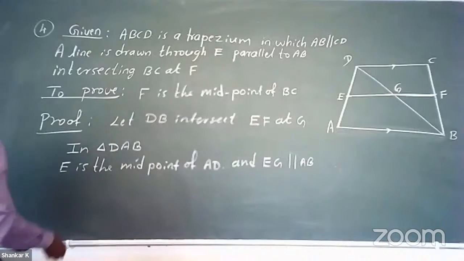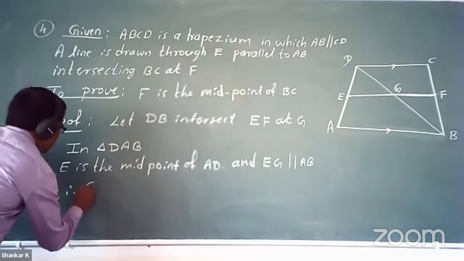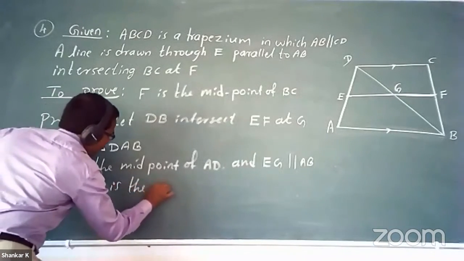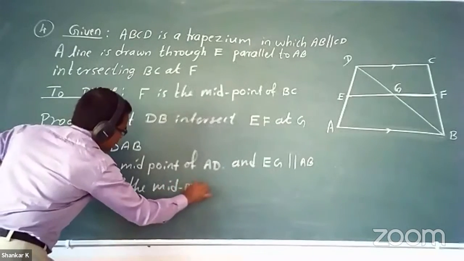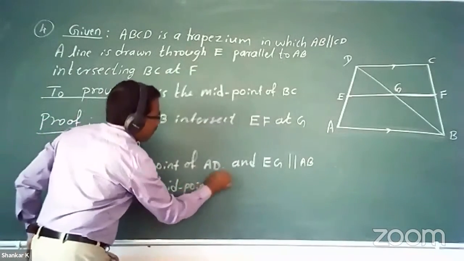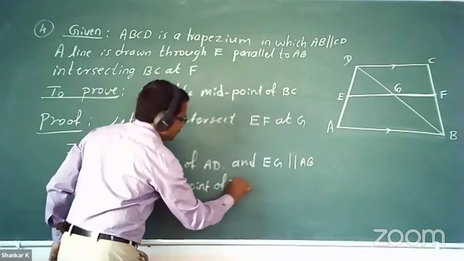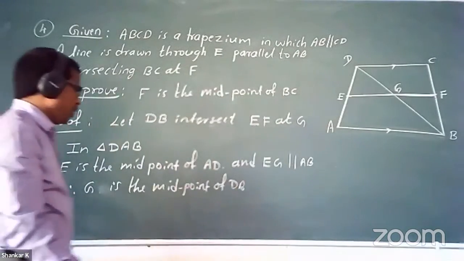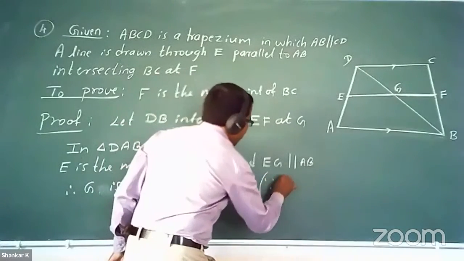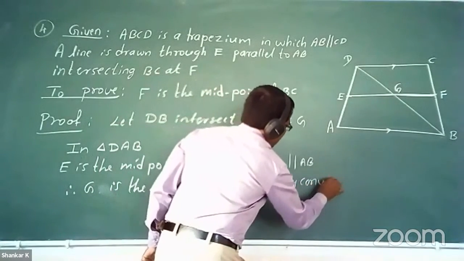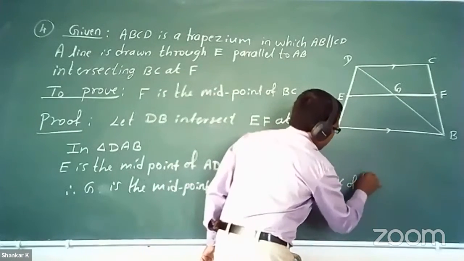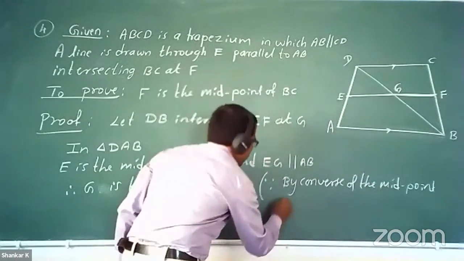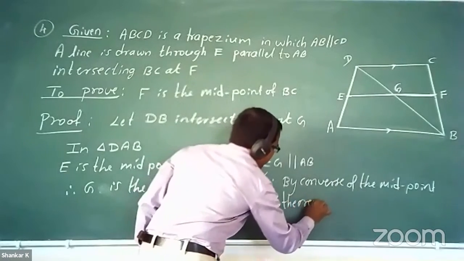Therefore, G is the midpoint of DB, by the converse of the midpoint theorem.